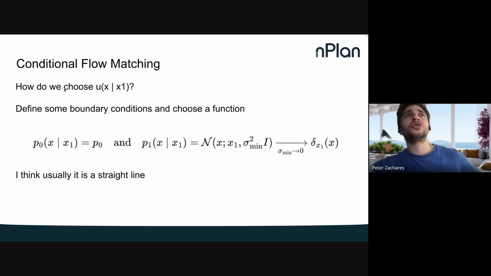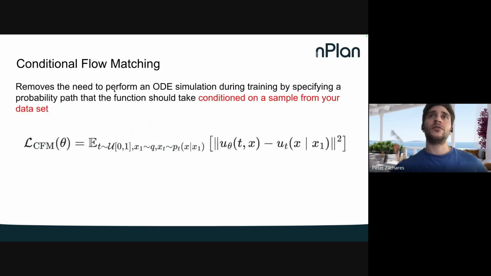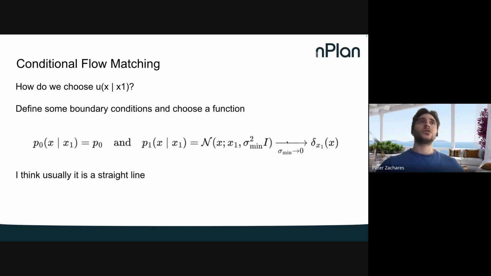So if we go back, how do you choose what this reference function is going to be? First you define some boundary conditions. Your main boundary condition is that the original distribution over points is the same.